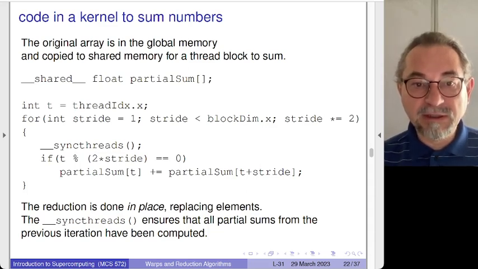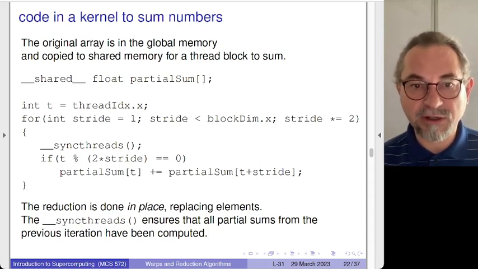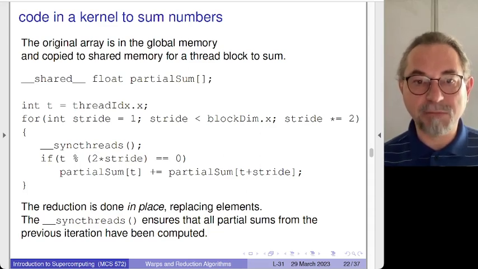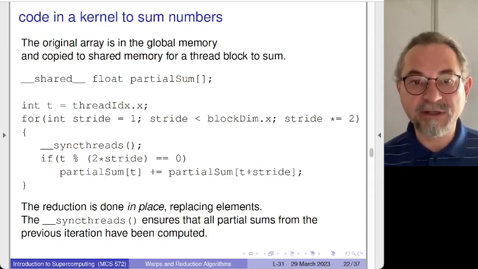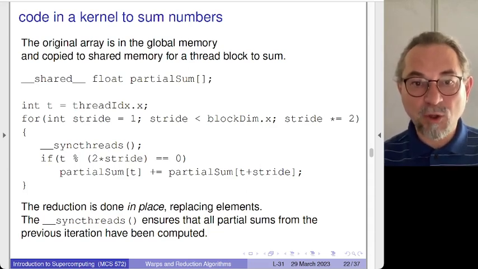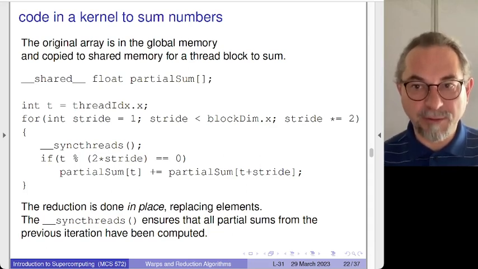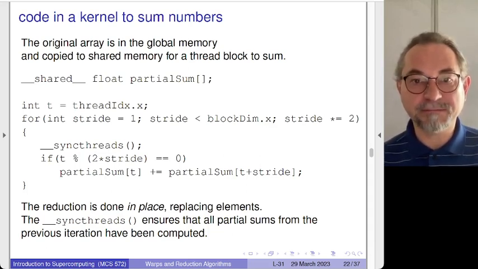You can see that only the threads whose thread index is a multiple of twice the stride participate. So when the stride is 1, only the threads with even numbers are doing the sum.